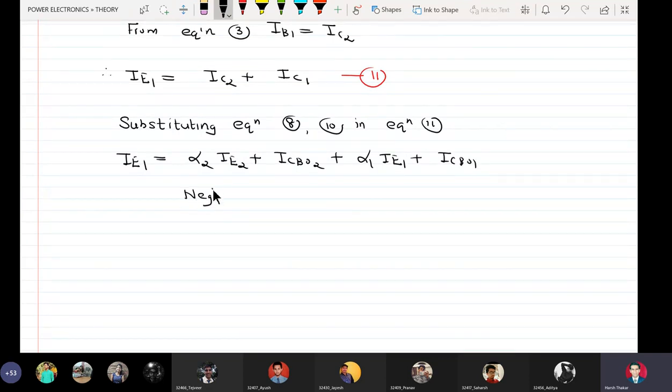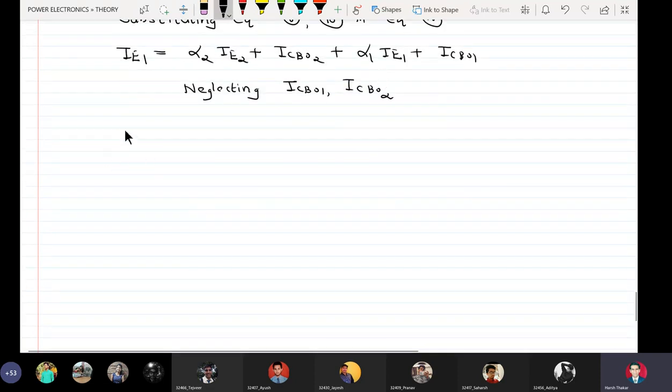Now the leakage currents are too small, so neglecting ICBO1, ICBO2, I can write down IE1 is equal to alpha 2 IE2 plus alpha 1 into IE1.